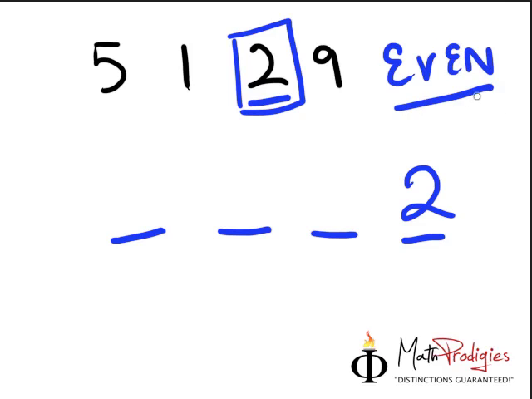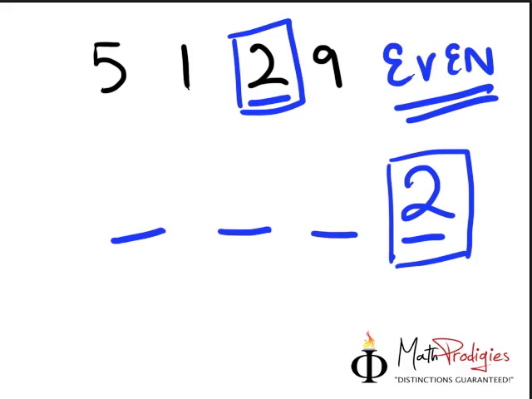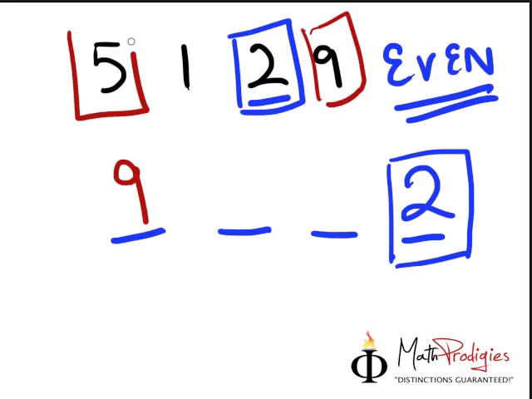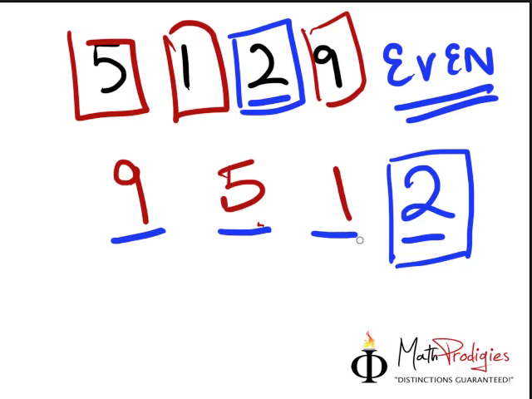So in order for a number to be even, the last digit must be even. Then the next part is just to fill in the blanks from the biggest to the smallest. So the biggest number here is 9, the next is 5, and the last is 1. So the biggest even number you can form is 9512. If you got that one right, high five, because you are a math prodigy.